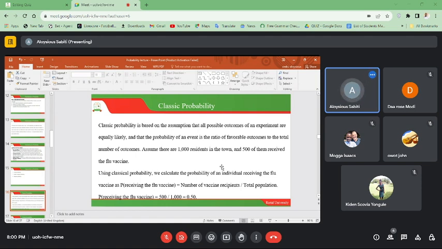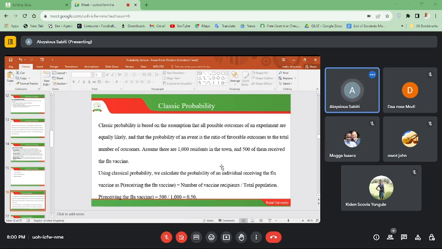So in that case, if you went and sampled in your population, out of 1,000 people, you have data that 500 people received the flu vaccine. The probability that an individual received the flu vaccine will be the 500 people who received divided by the total population.